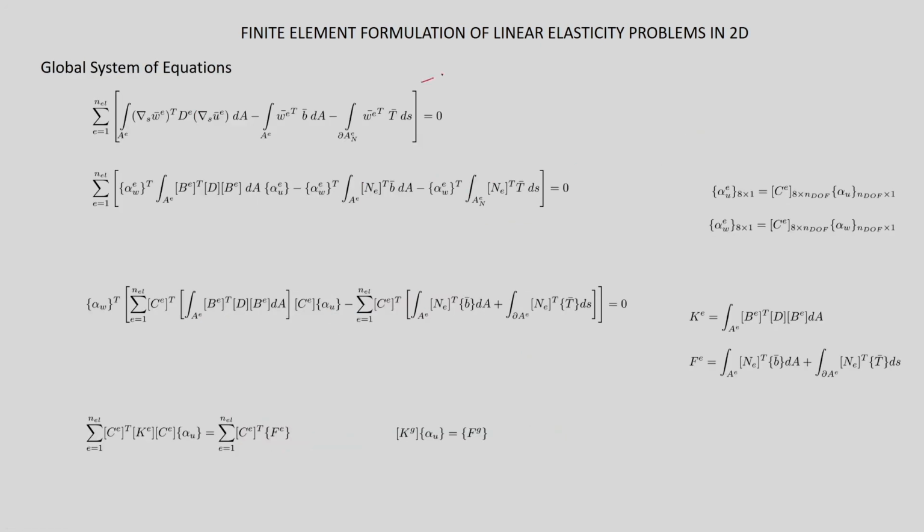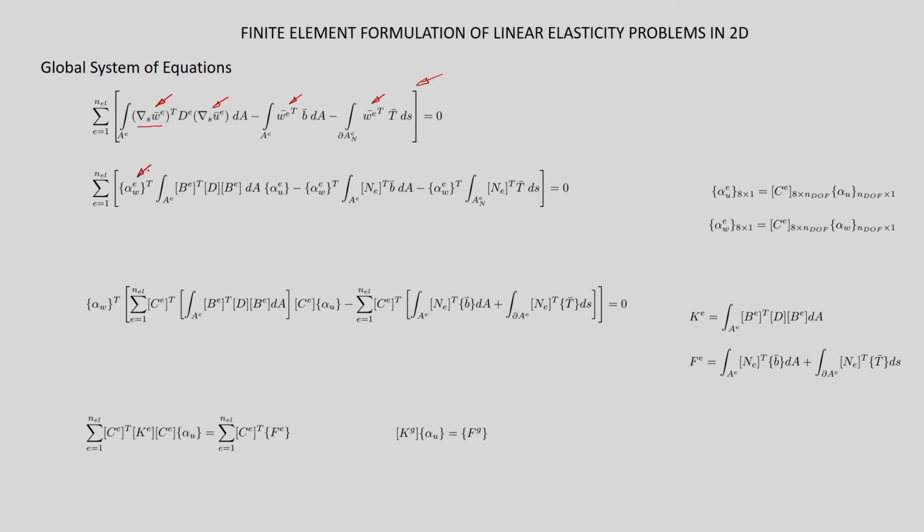So, this is the weak form that we wrote for the discretized domain. Now, we are going to replace the symmetric gradient of W transpose and the symmetric gradient of U. Then we will replace W transpose here and here, alright. So, now the symmetric gradient of W transpose yields alpha W transpose B transpose.